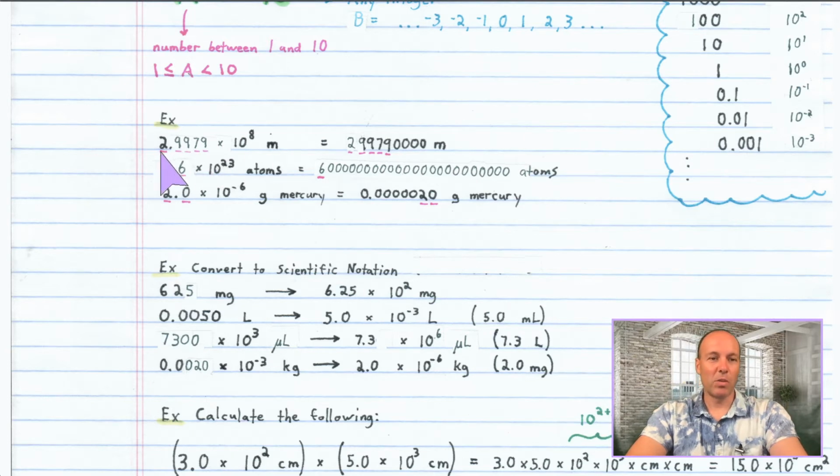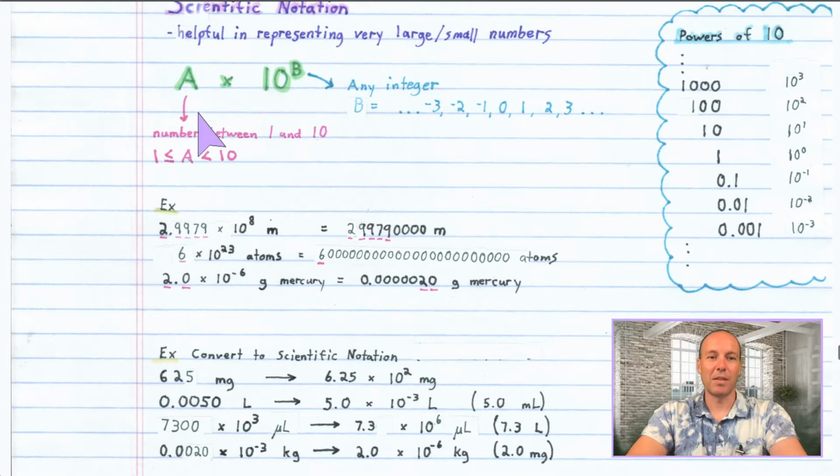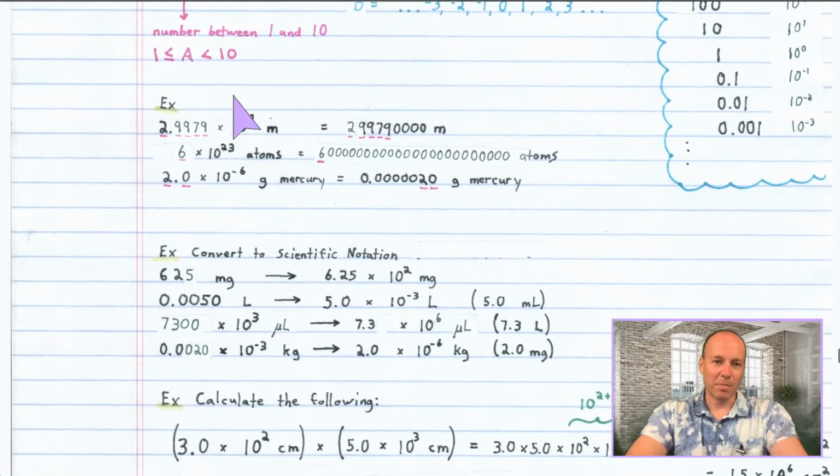So you have a number between 1 and 10 multiplied by a power of 10. So that satisfies the criteria. This is scientific notation. A number between 1 and 10 times a power of 10. This, by the way, is the distance that light travels in 1 second.